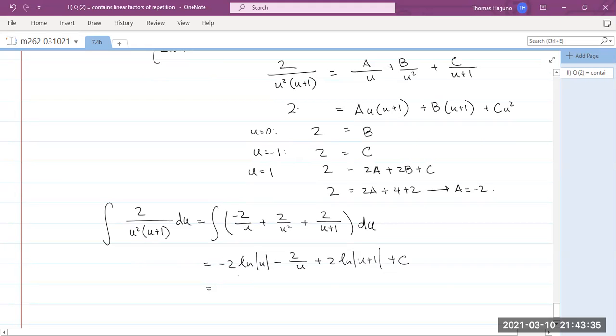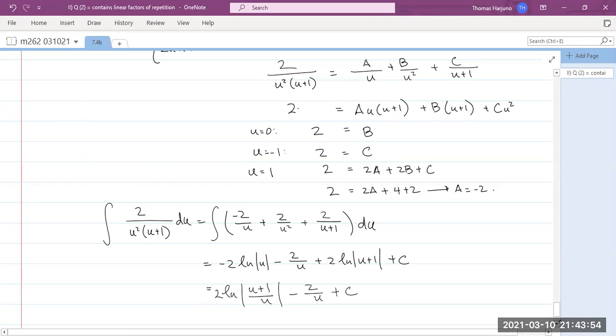I really want to put all the natural logs together. So, well, natural log of u plus 1 squared over u minus 2 over u plus constant.